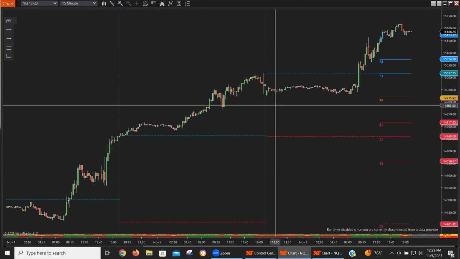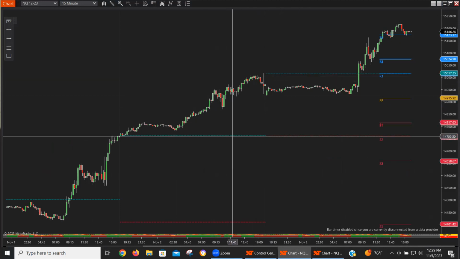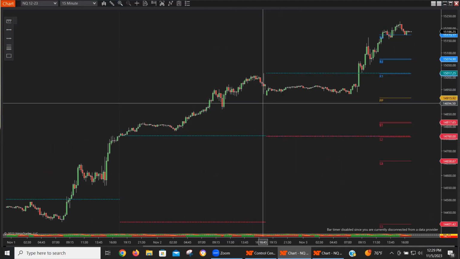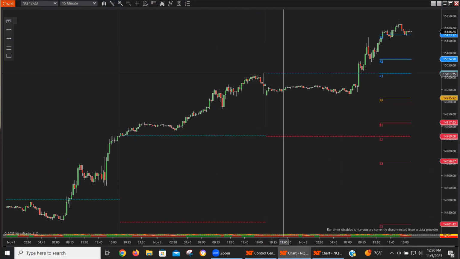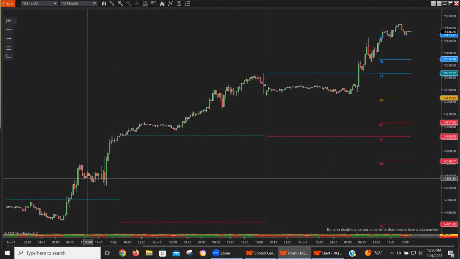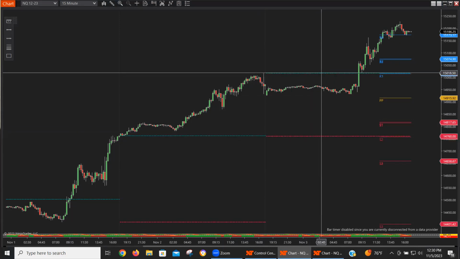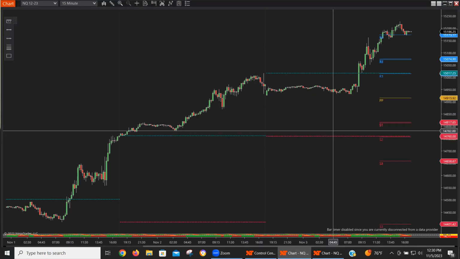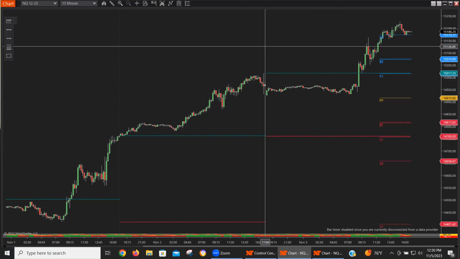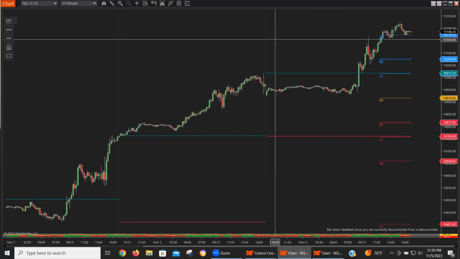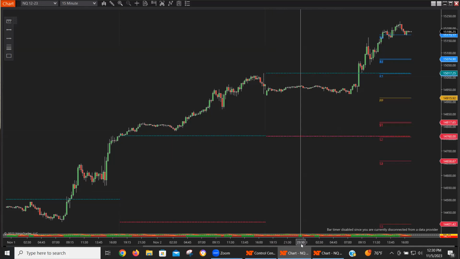These markers here, which I'll put on your charts later, are the highs and lows of the previous day. This is the low and the high of the previous Friday. So on the 15-minute chart, however, when I'm coming in, let me make this bigger.